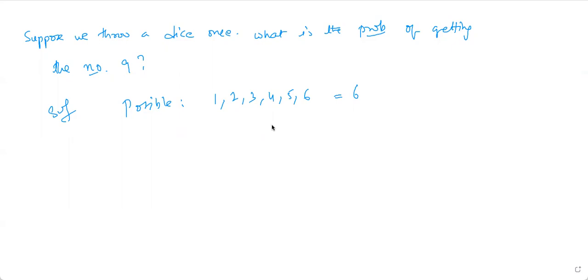Since no face of the dice is marked as 9, there are no favorable outcomes. So the number of favorable outcomes is 0.